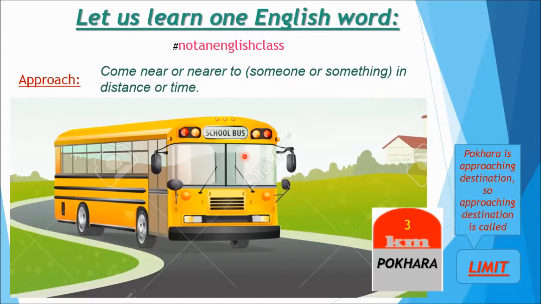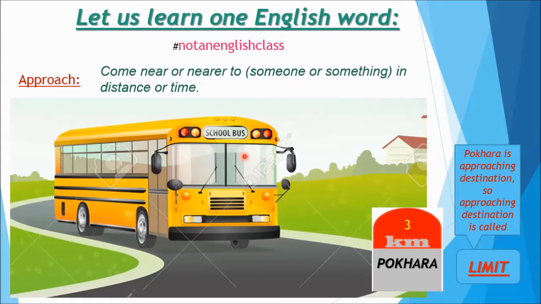Let me give you one practical example. If you are traveling back to Pokhara from Kathmandu and your house is in Gagangauda, and when you go to a ticket counter, you have to pay the full bus fare of Pokhara, although you are not traveling to Pokhara, because there is a distance between Gagangauda and Pokhara, isn't it?